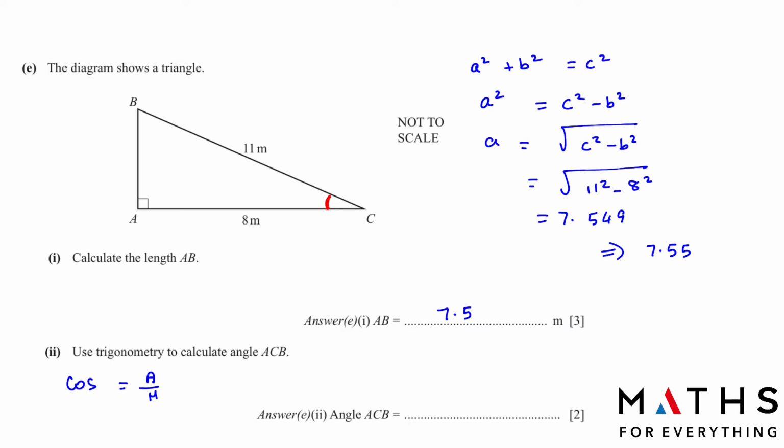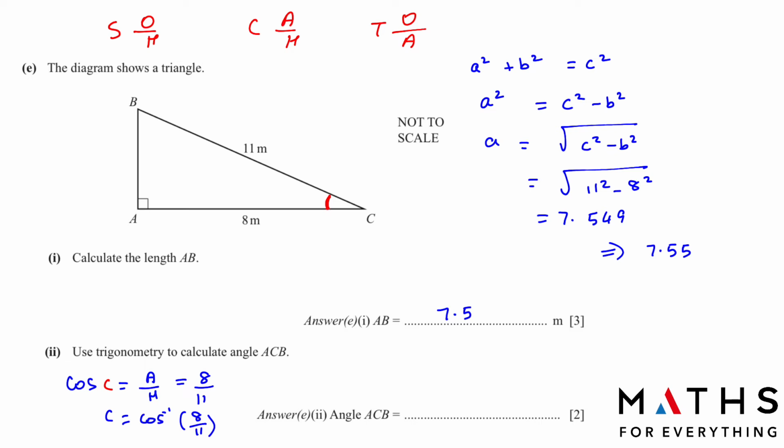An easy way to remember the trig identities is SOH CAH TOA. So sine is equal to opposite over hypotenuse, cos is equal to adjacent over hypotenuse, and tan is opposite over adjacent. So cos C is equal to adjacent, which is 8, and hypotenuse, which is 11. Whenever you want to find the angle, you have to do the inverse. So cos inverse 8 over 11.